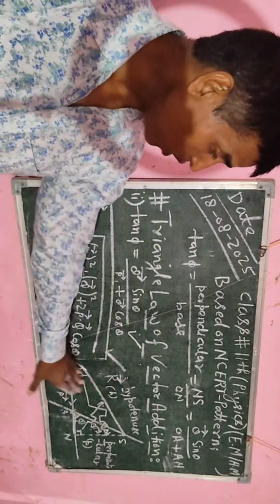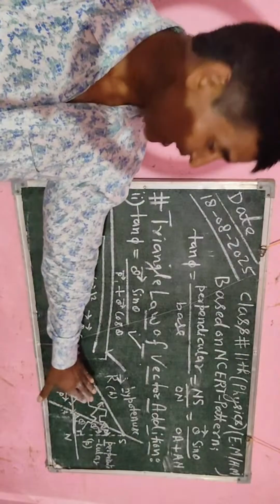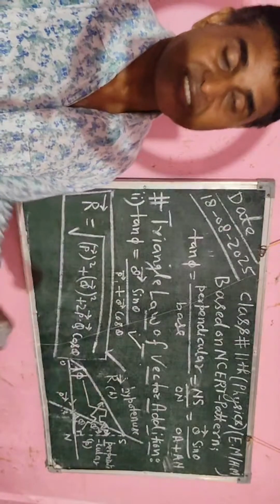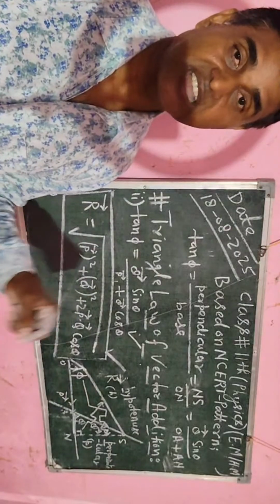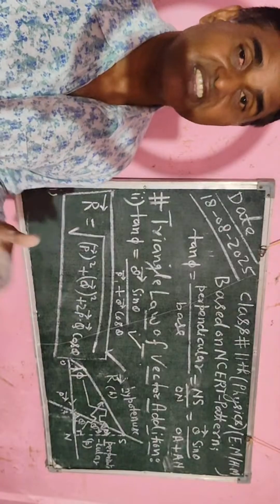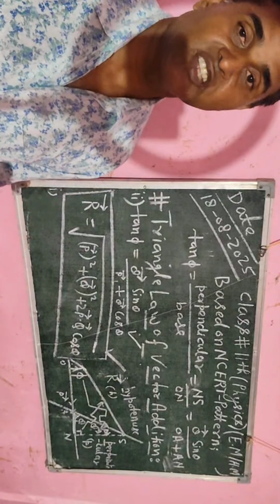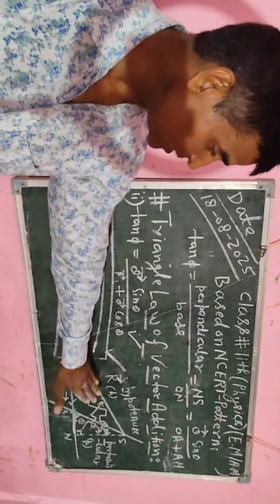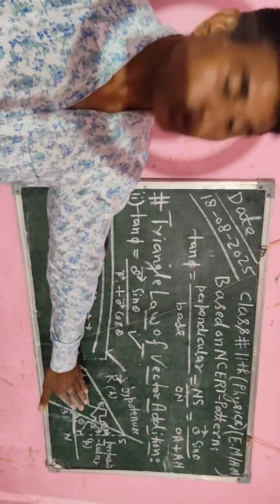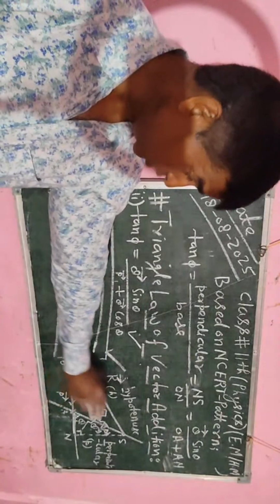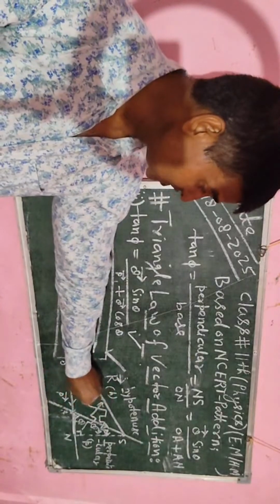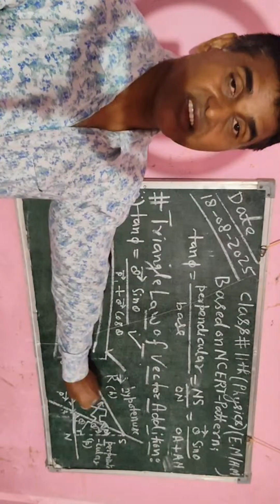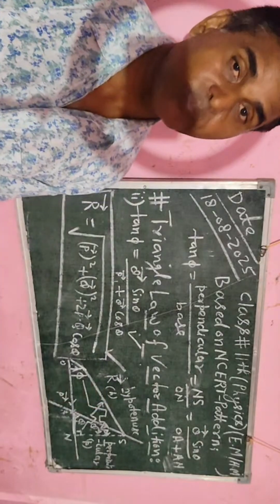So all the concepts of the right angle triangle I have already used, because sin theta, cos theta, and tan theta, the rest 3 trigonometrical ratios are the reciprocals. So I have used all concepts here properly. You have to imagine each and every point clearly, so you will get good knowledge from this topic.